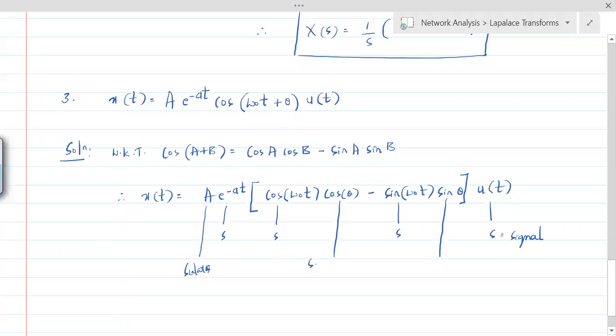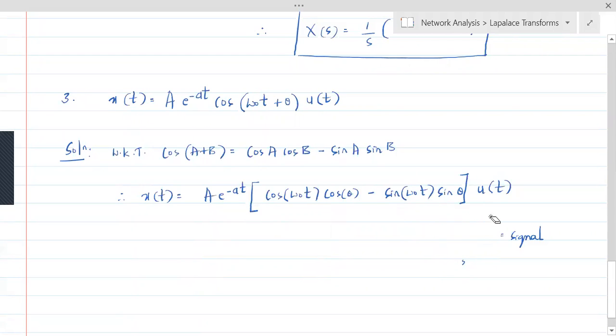So this needs to be understood. Let's keep the scalars out and just apply the transform on signals. Is everybody okay with that? Fine. So we have identified which are signals and which are scalars.